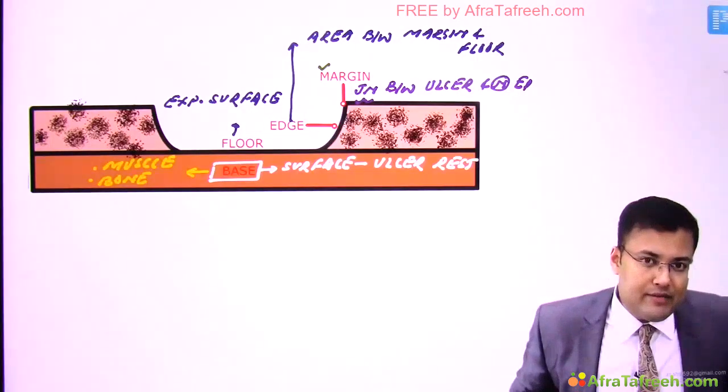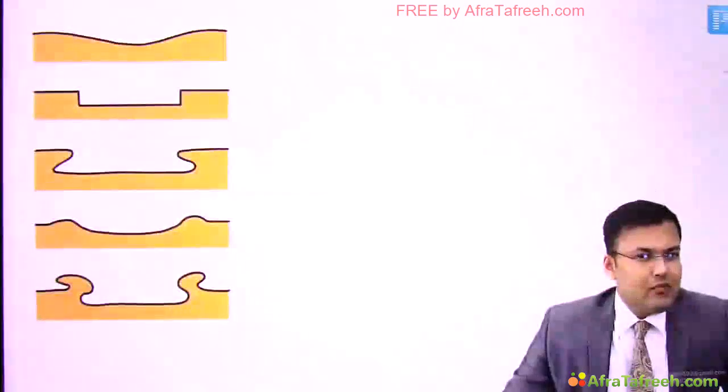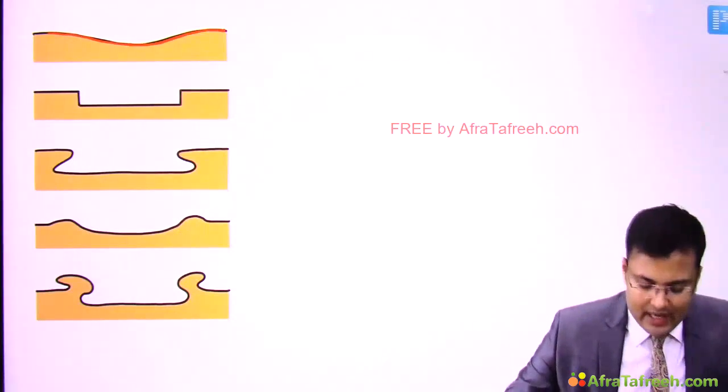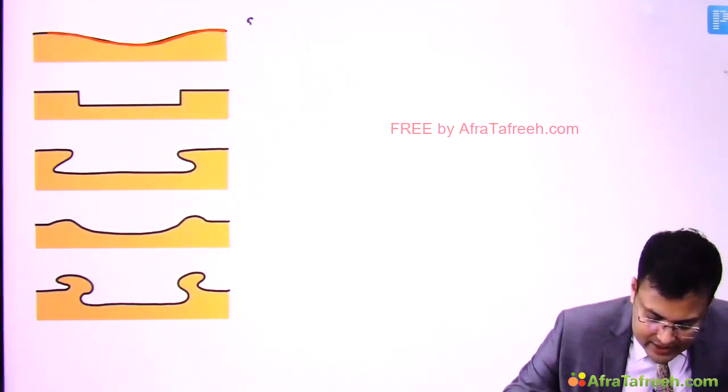So these are the parts of an ulcer. It's very important, frequently asked in exams. After that, one-liner questions are asked in relation to types of edge and in which cases these edges are seen. If you see this diagram, you can see the sloping edge.